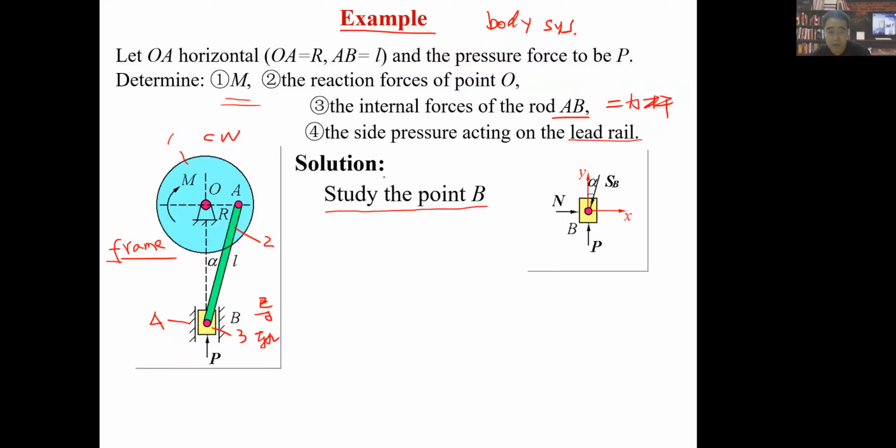So we study the slider B as an object to be studied. Then it should be in the state of balance. And there are three forces acting on the same point. You see, actually it is a planar concurrent force system. 平面汇交力系.